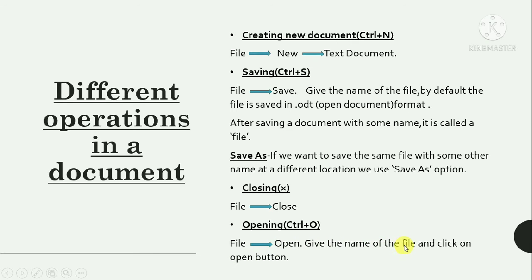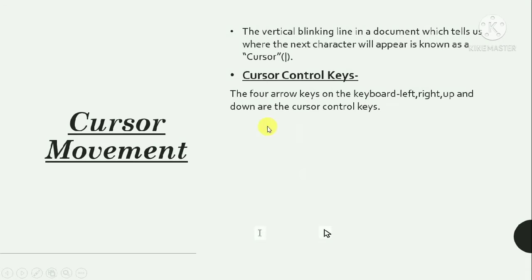A previously saved file can be opened by using Ctrl plus O. This is the shortcut key used to open a document wherever you saved it. So you have to remember the keyboard shortcuts like Ctrl plus N, Ctrl plus S, and Ctrl plus O. These are the main operations frequently used in a document: to open, to close, and to open a new document.